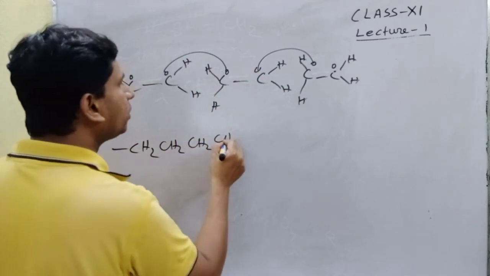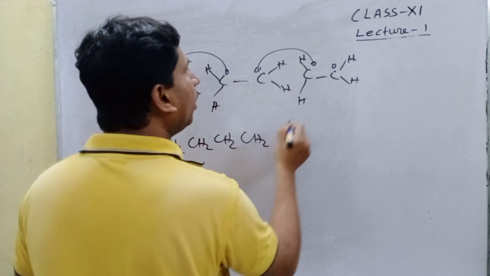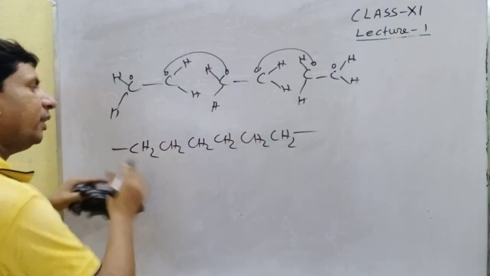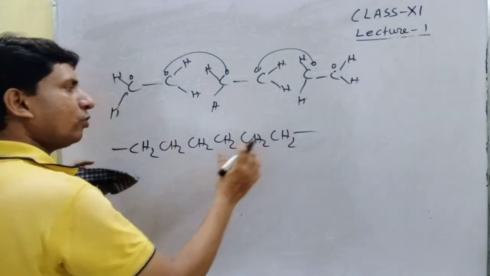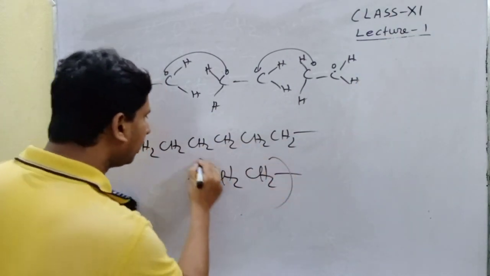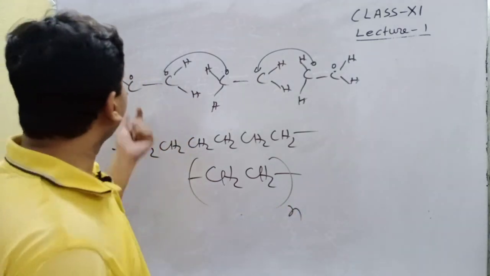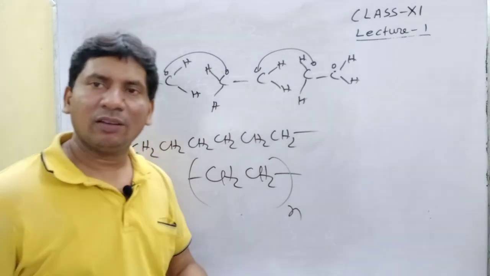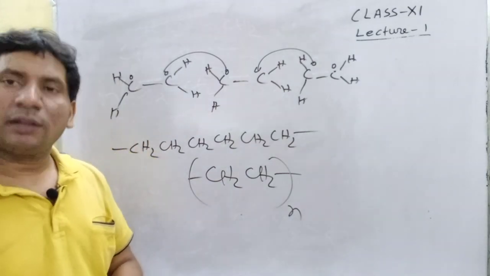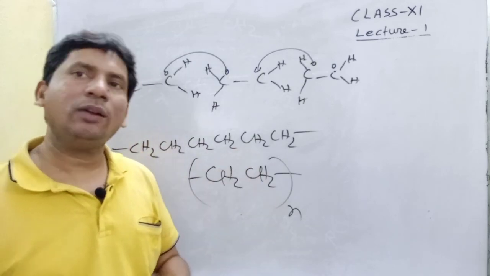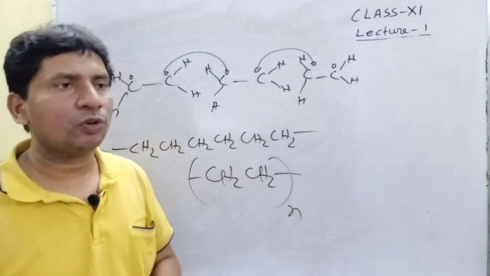This carbon CH2, this carbon CH2, and so on, with a free hand at the end. So in this way there are n number of CH2 units, that was the ethene, and now it is polyethene. In this way polymerization takes place for alkenes, and then we can get many polymers also.